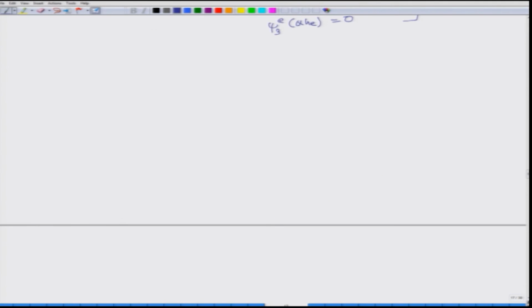Eventually what I get is that psi 1^e, as a function of x bar, equals (1 minus x bar over h^e) times (1 minus x bar over alpha h^e). I don't know, you have to check that.